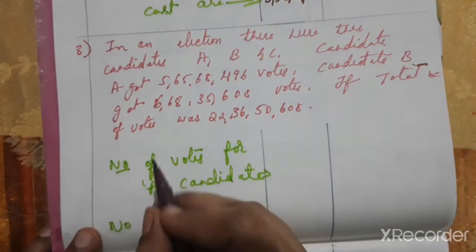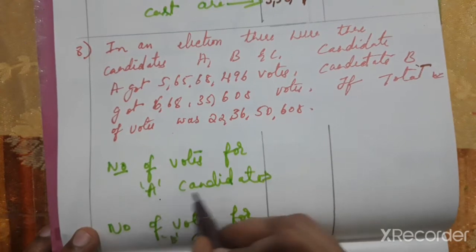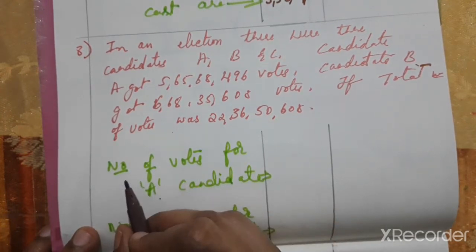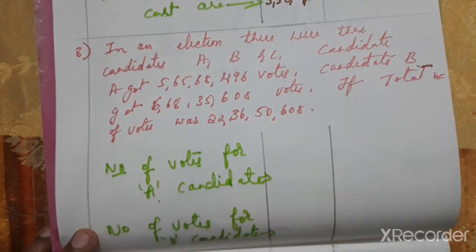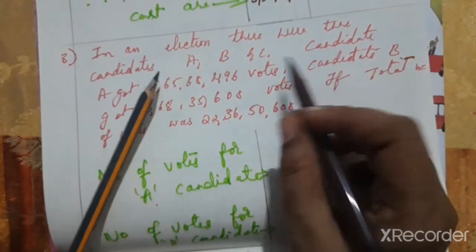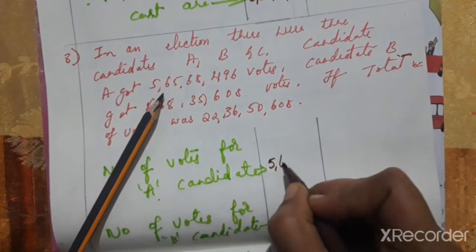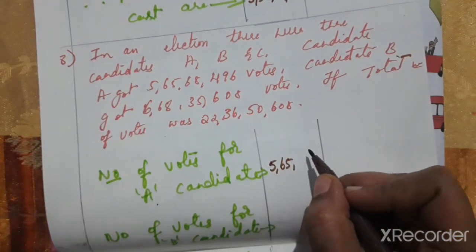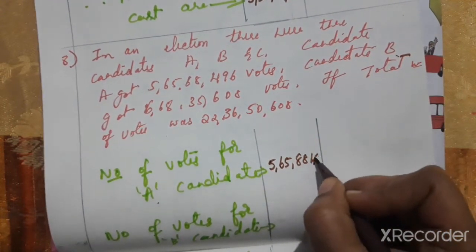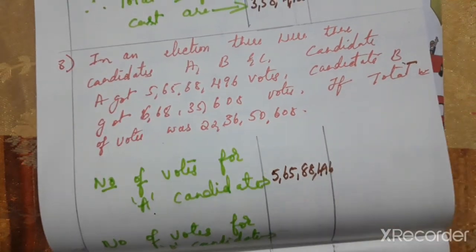So the sentence is number of votes secured by A candidate. In an election there was A, B, C: 5 crore 65 lakh 88,496.